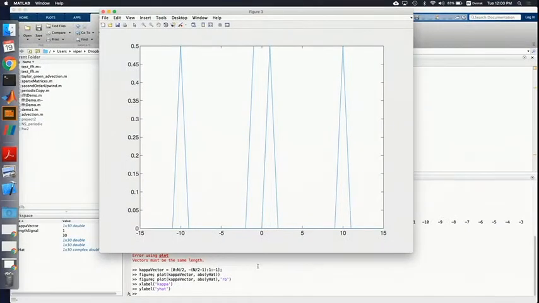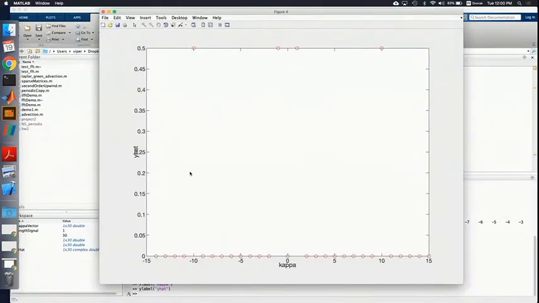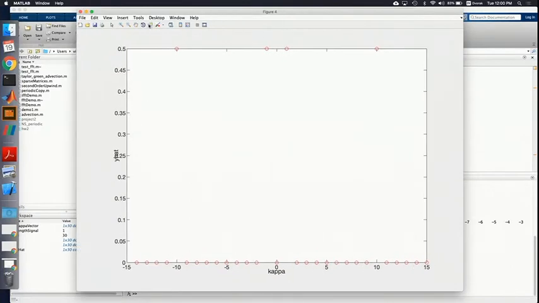Okay, so you see all the y hats are 0 to machine precision, except for where we put the energy. We put the energy at kappa equal 1, which goes to minus 1 and 1, equally divided. And we put the energy at kappa equal 10, which again goes to plus 10 and minus 10, equally divided. Does this make sense?